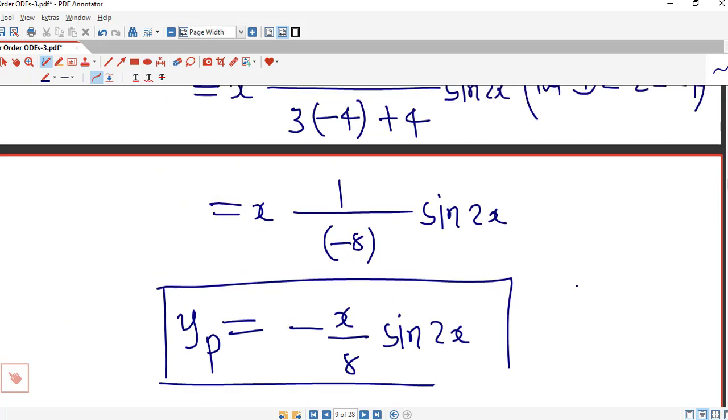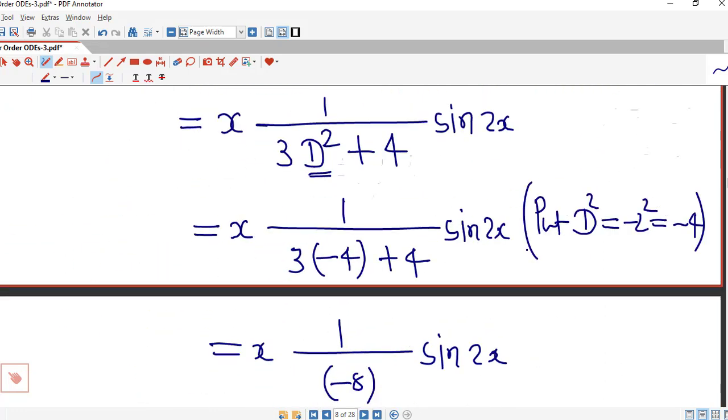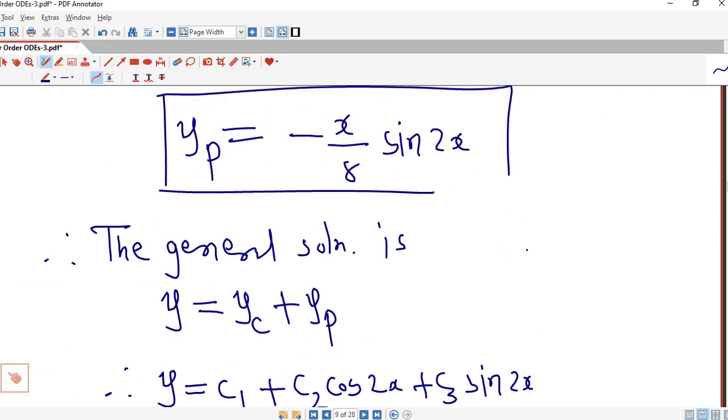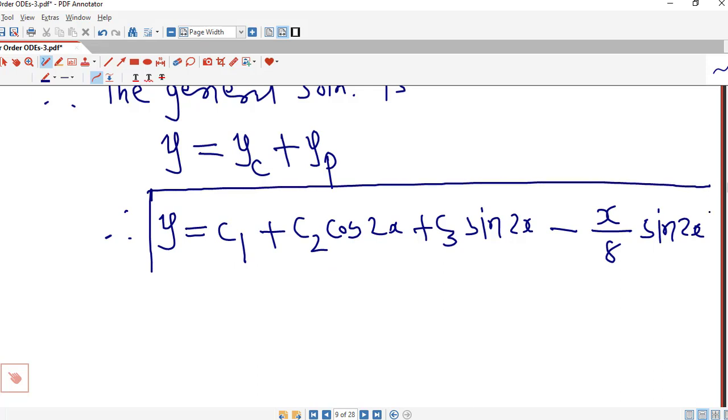This was the complementary function. Let me check again. c1 plus c2 cos 2x plus c3 sin 2x, and the particular integral is minus x by 8 sin 2x, where c1, c2, c3 are arbitrary constants.